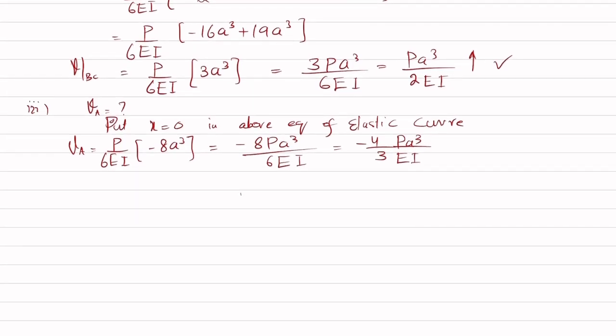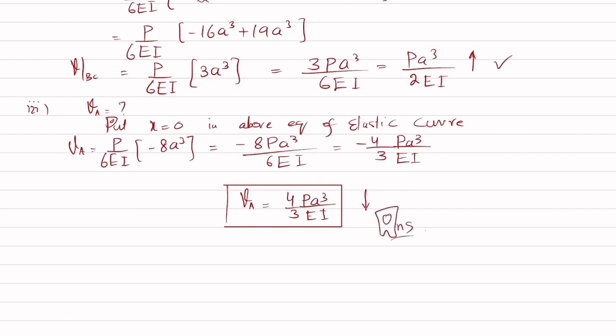This value is negative, so deflection at point A will be 4 over 3 pa cube over EI, downward. Negative means that deflection is downward. So this is the answer of our third part.